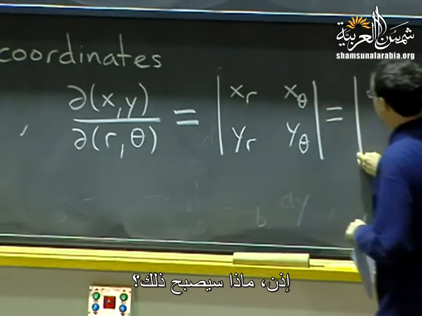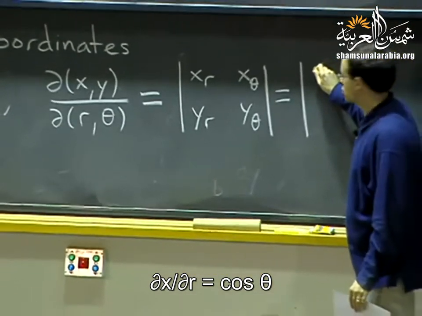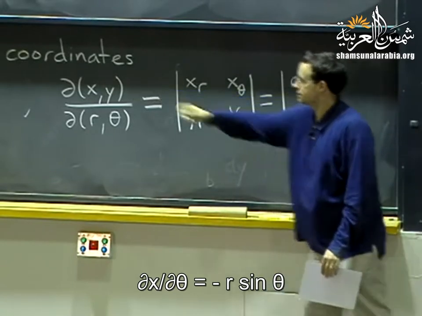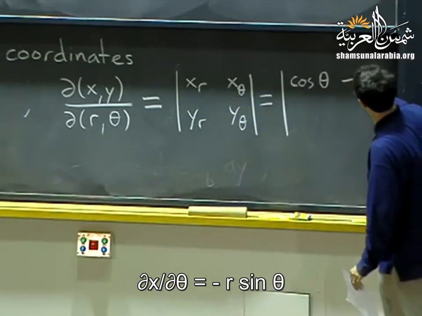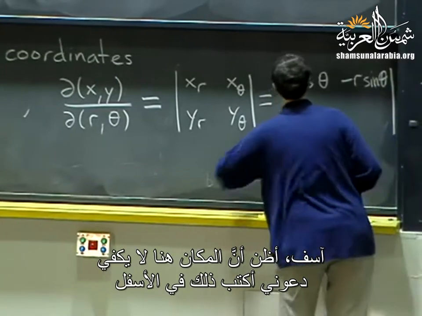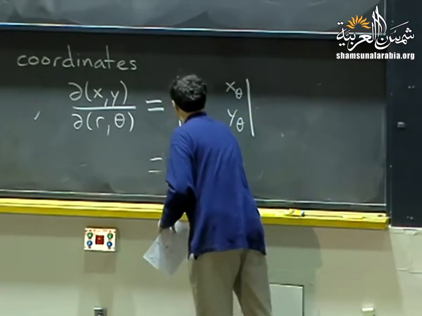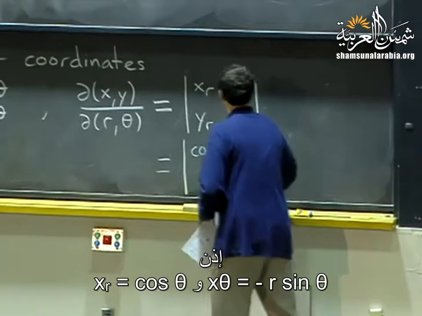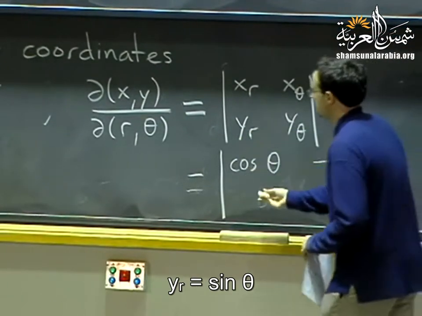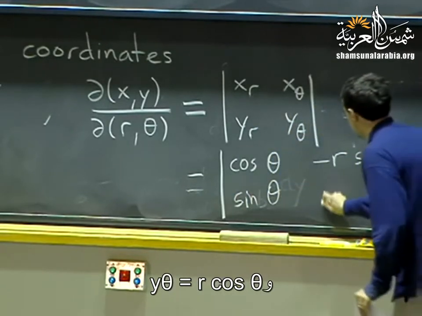Partial x over partial r is just cosine theta. Partial x over partial theta is negative r sine theta. I'm going to run out of space here, so let me do it underneath. So x sub r is cosine theta, x sub theta is negative r sine theta, y sub r is sine theta, y sub theta is r cosine theta.